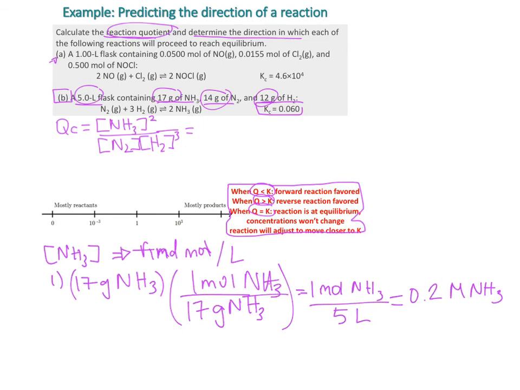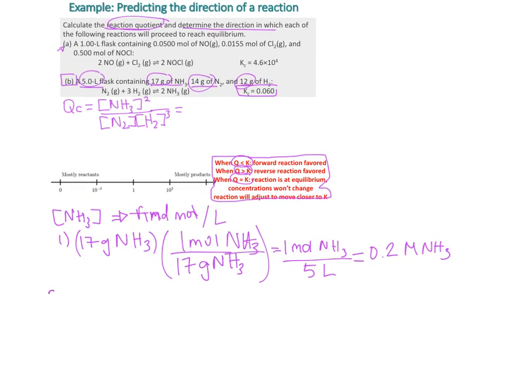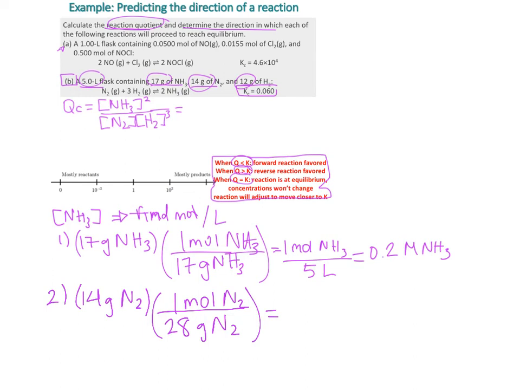And then we're going to do the same thing for the rest of these. So again, I'm going to zoom out. For our N2, we have 14 grams N2. The molar mass of N2 is about 28 per 1 mole. This gives us about 0.5 mole N2 divided by 5 liters. Now from here, you should get 0.1 molar N2.